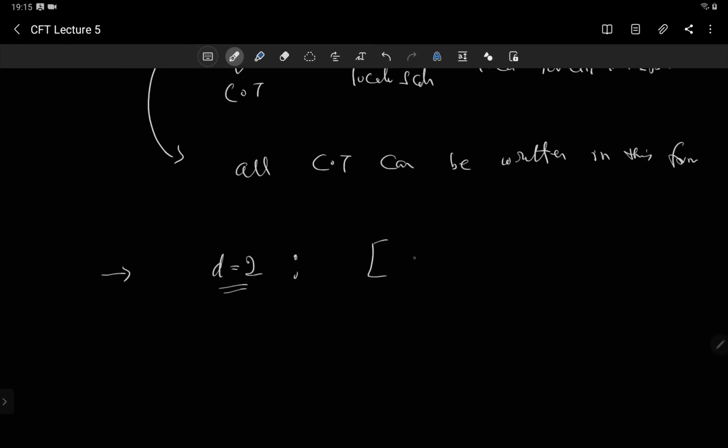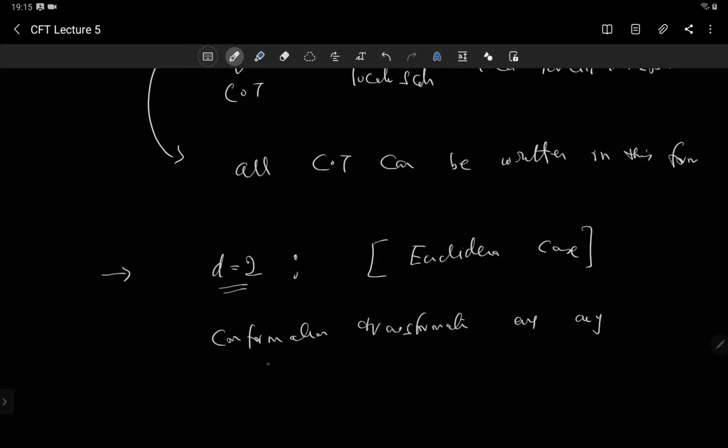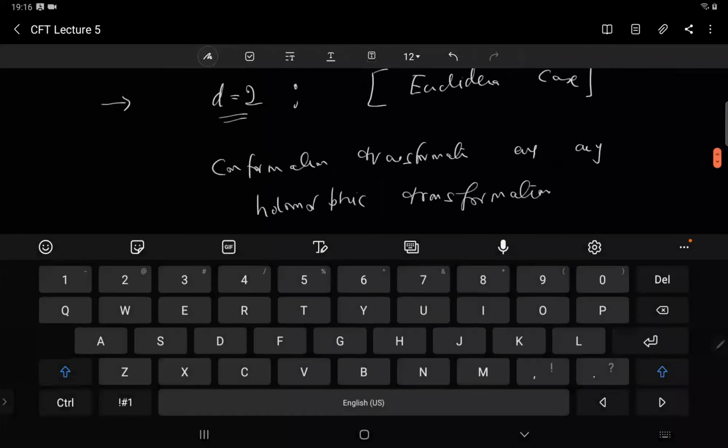So I'll just restrict myself to the Euclidean case. The same thing happens for the Lorentzian one. So in the Euclidean case, conformal transformations are any holomorphic transformations.